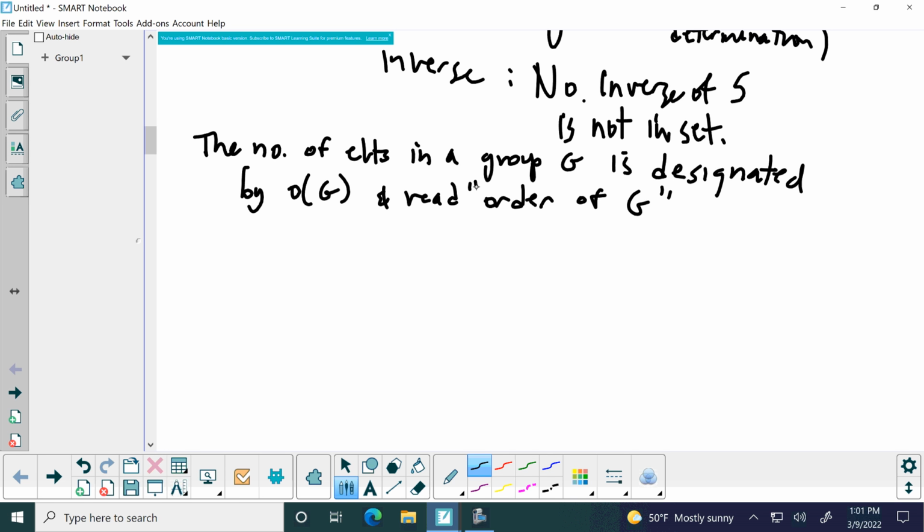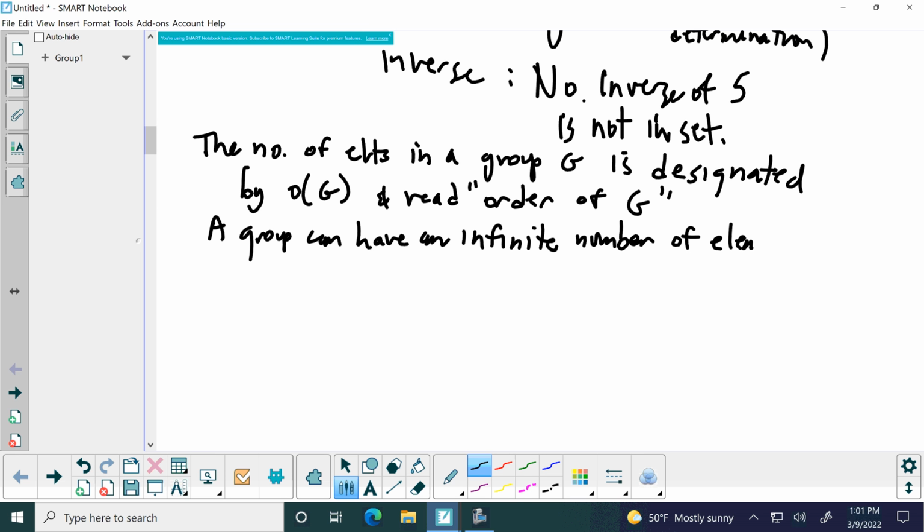A group can have an infinite number of elements.